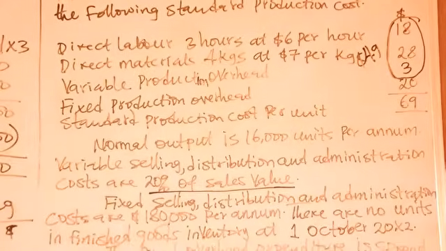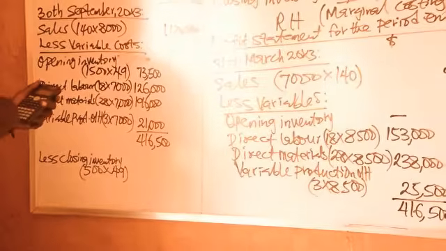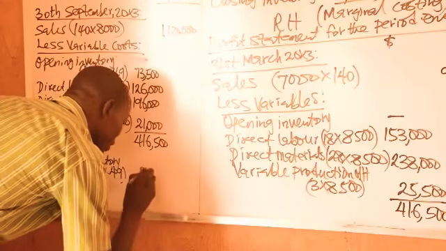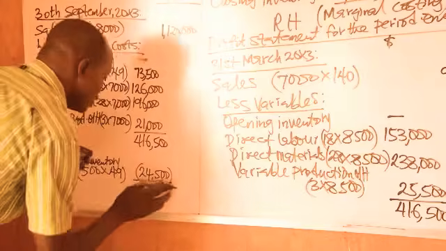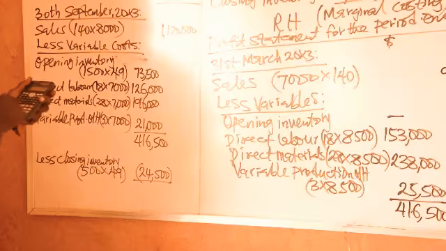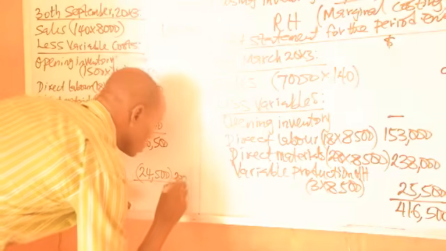So we have 500 times 49, which gives us 24,500. If you subtract that from 416,500, you'll be left with 392,000.